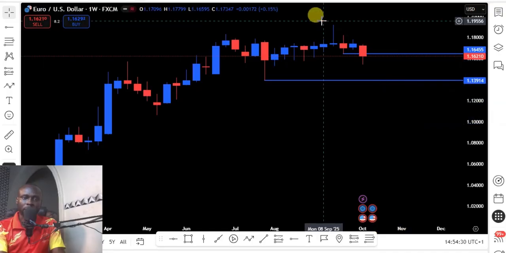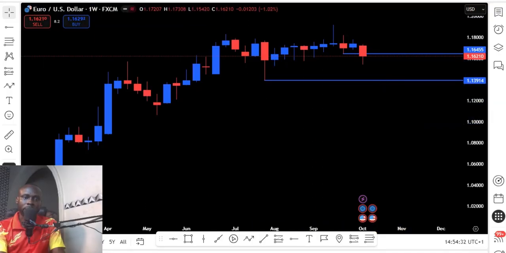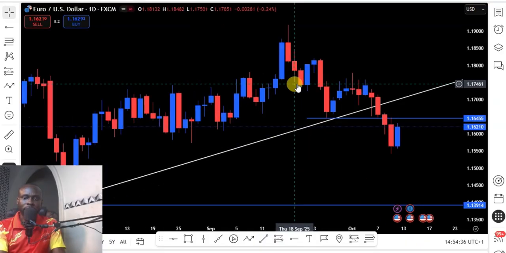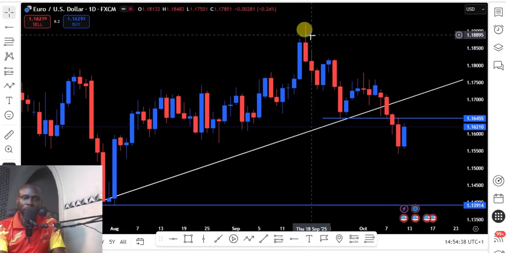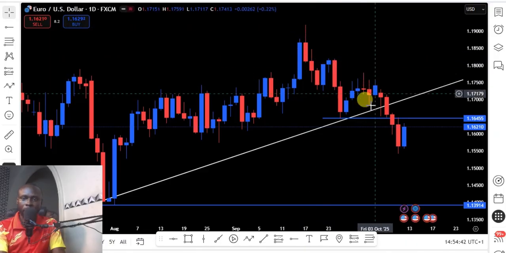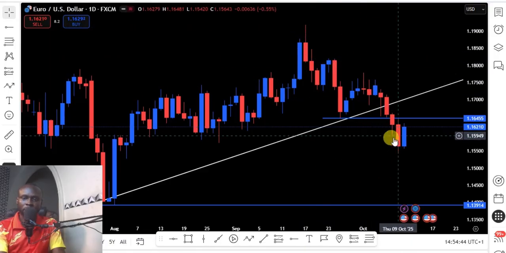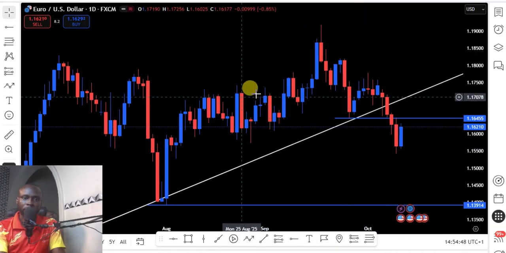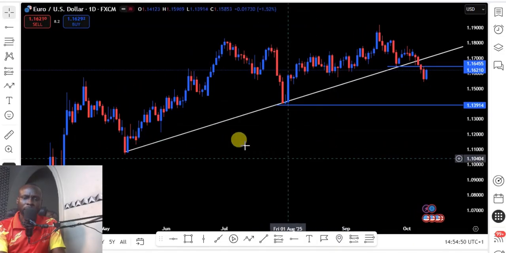So let's look at the daily chart of EURUSD. On my daily chart, EURUSD has this downtrend structure. You can see that we have a higher high, we have a lower high, which indicates a possible strong downtrend for the EURUSD. So let's look at this our trend line.